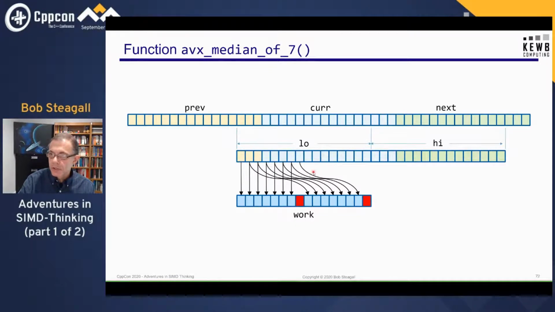So here's what that looks like. I've got low, I'm taking the first 7 elements of low and loading them into the first 7 elements of work. I'm leaving the 8th element blank. I'm taking the next 7 elements of low, elements 1 through 8, and loading them into elements 8 through 14 in work. So I've loaded my 2 lanes with the first 7 and the second 7 elements from my data.